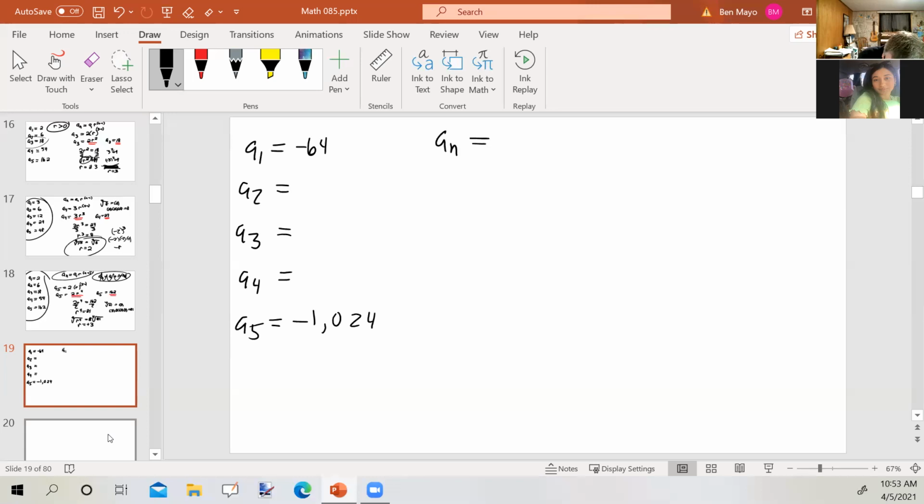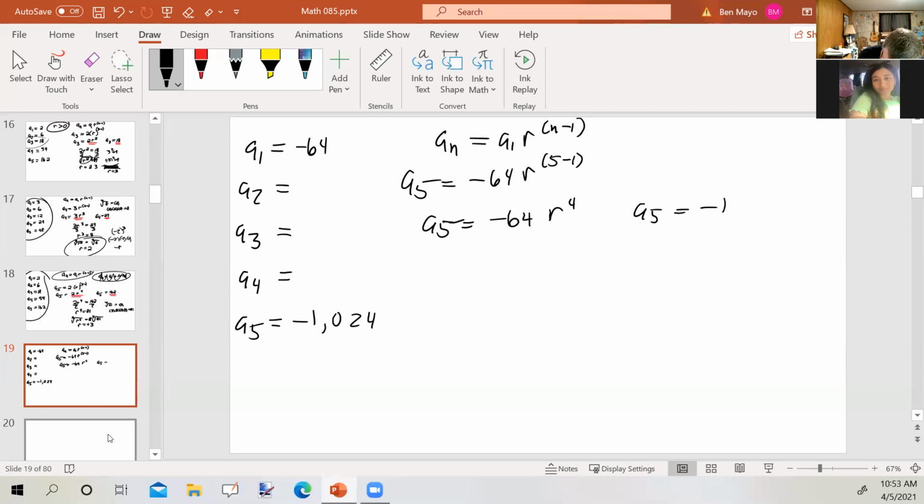So a sub n is a sub 1 times r to the n minus 1 power. A sub 5 is a sub 1, which is negative 64, times r to the 5 minus 1 power. A sub 5 equals negative 64 r to the 4th, but a sub 5 also equals negative 1024.